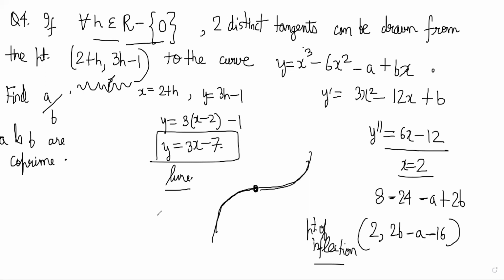From a particular point on the line, when the point (2, minus 1) comes, you can only draw one tangent. Then (2, minus 1) should be on the curve at the point of inflection. Should it be the point of inflection?